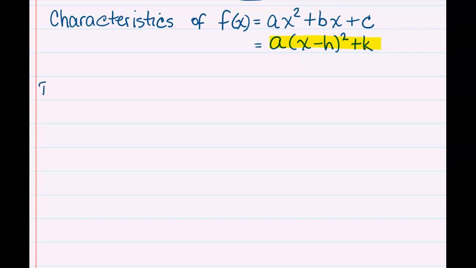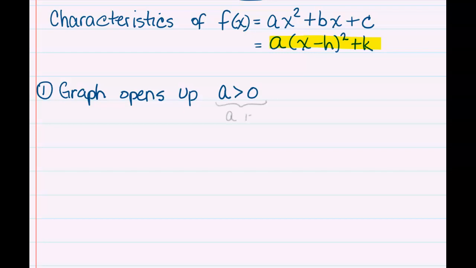One of the first things we need to notice is that the graph will open up if the a value is greater than 0. Remember that when we're talking about the a value is greater than 0, this just means that a is a positive number.